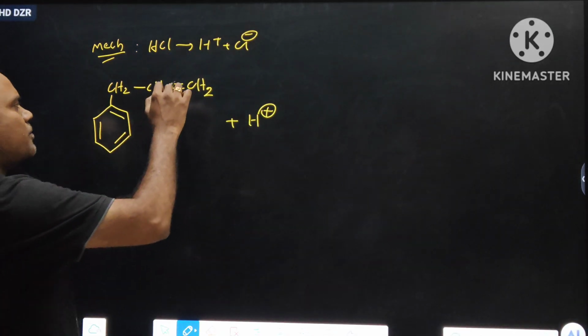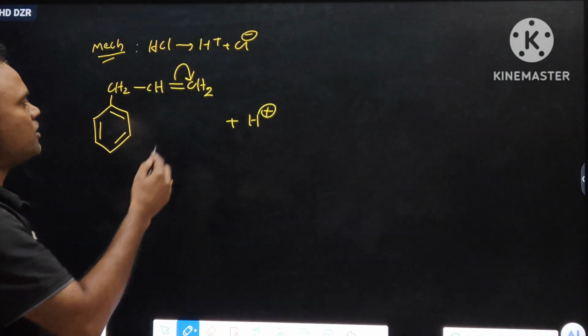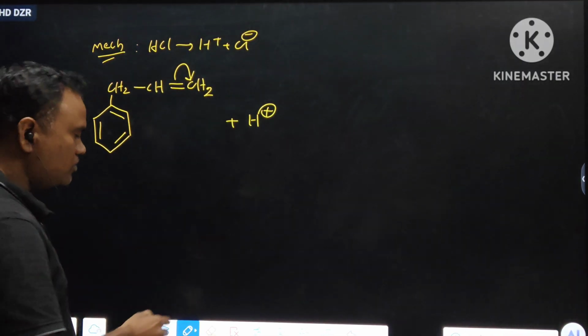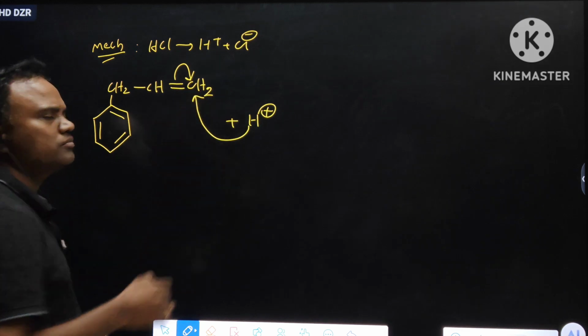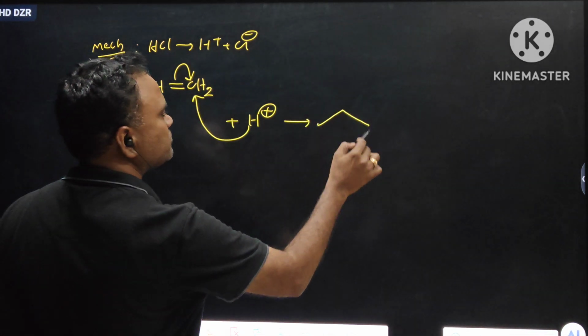I am shifting this pi bond towards the terminal carbon. The terminal carbon will get a negative charge, and H plus will go towards that negative charge to form the carbocation.